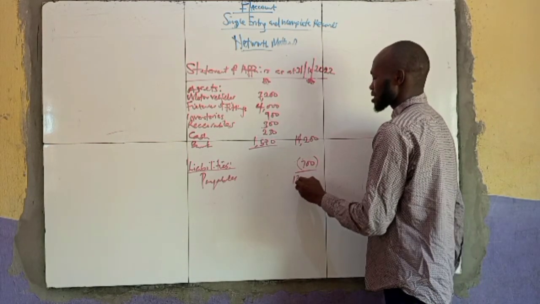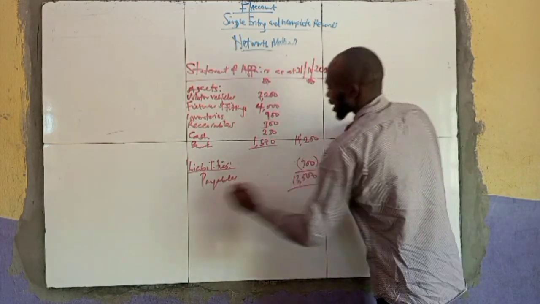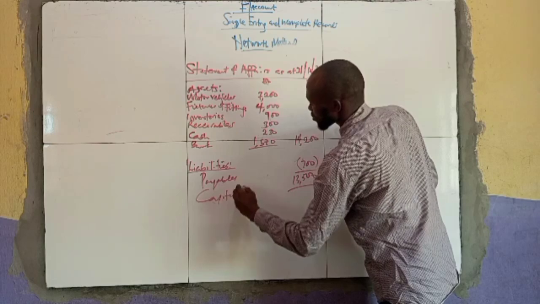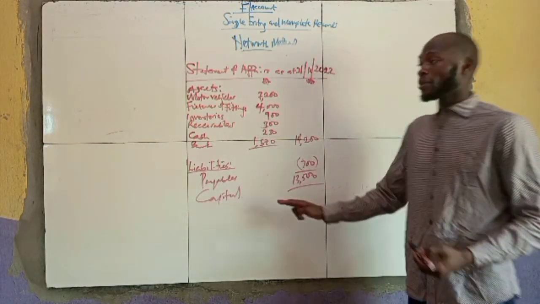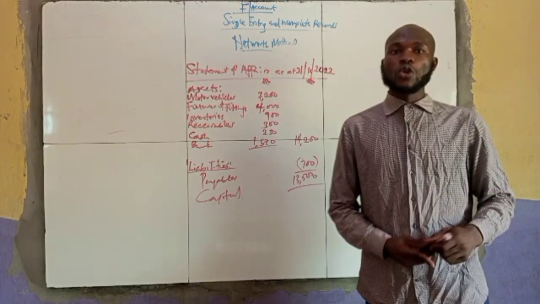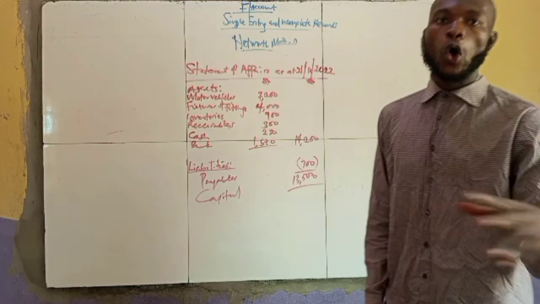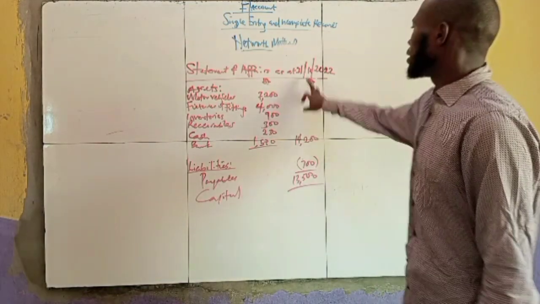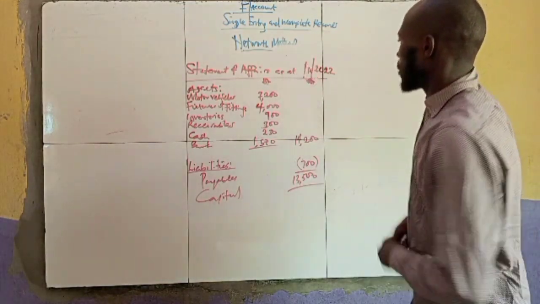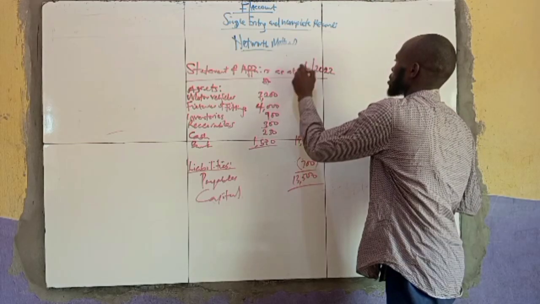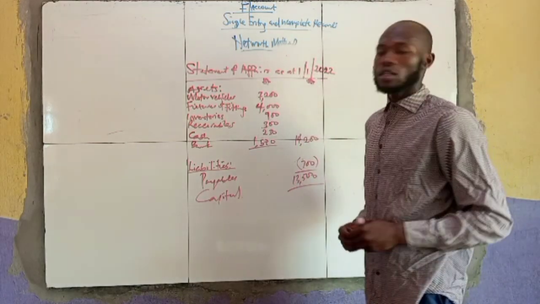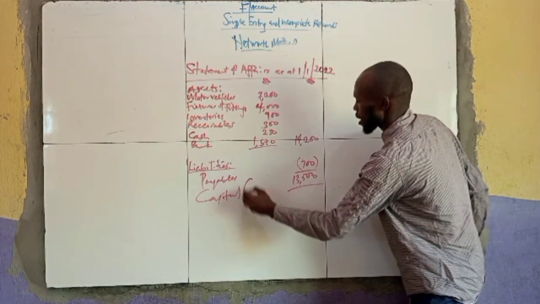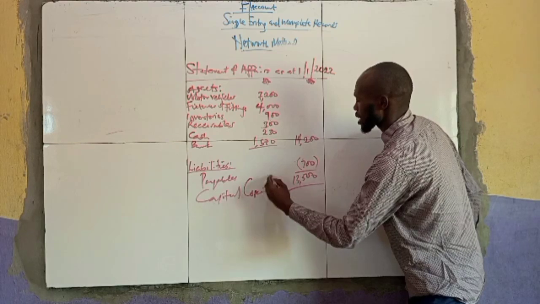Now, 13,500 is the capital. Remember, what we want to determine is nothing but capital. We are going to distinguish whether it is opening capital or closing capital, depending on the date we are starting. That will be 1st January 2022, so that's going to be our opening capital.